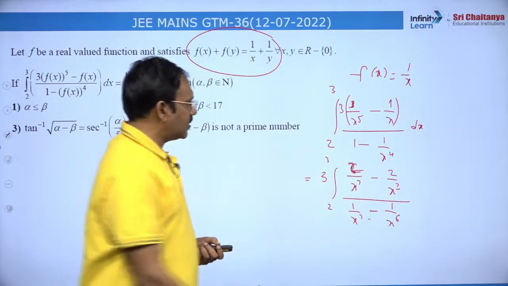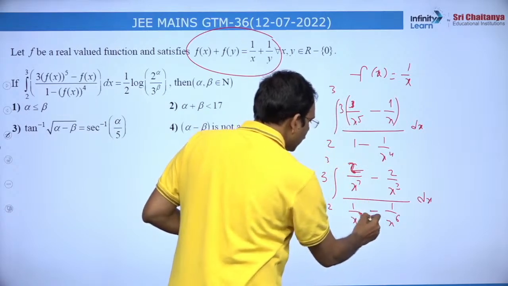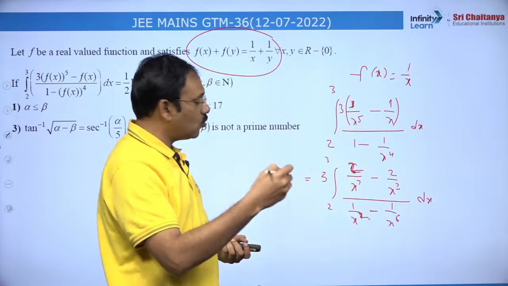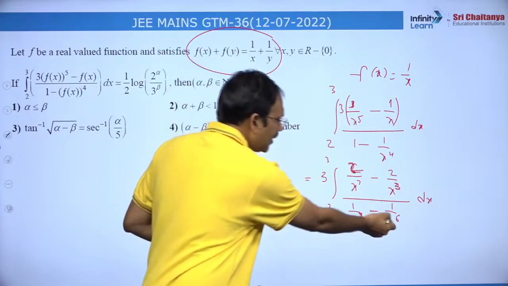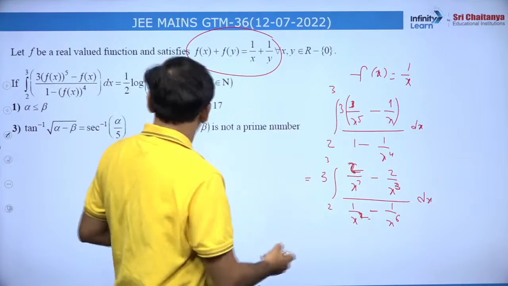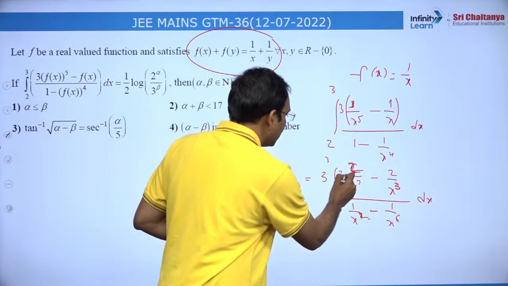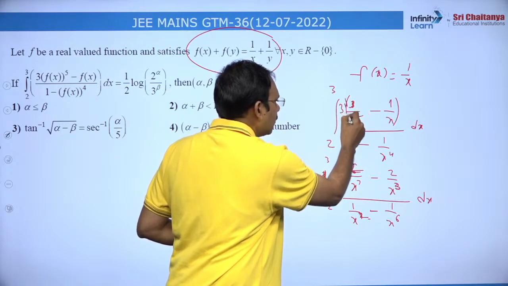In this stage you can see what is the derivative of 1 by x square: minus 2 by x cube, which is available here. What is the derivative of the other term? Minus 6 by x power 7. So you see 3 is given here; you can also take out this bracket.